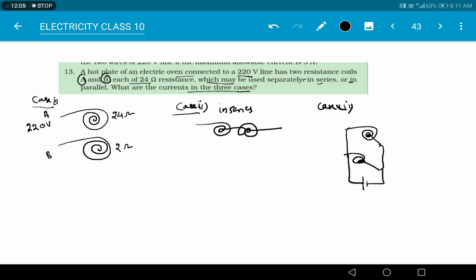Okay, like this they connected. So it is asking what is the current in the circuit.